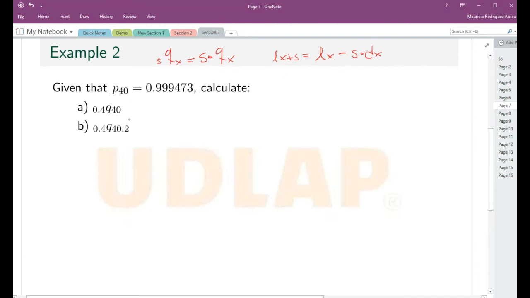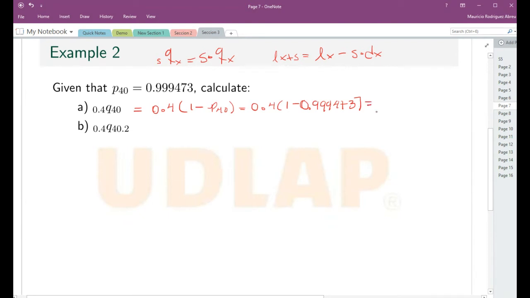Okay, so if we have this question, it is really easy to work with this, because we know that if we want to solve this, essentially this means that we have 0.4 times 1 minus P40, which is 0.419994373.